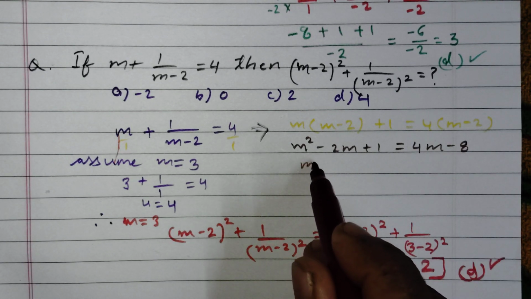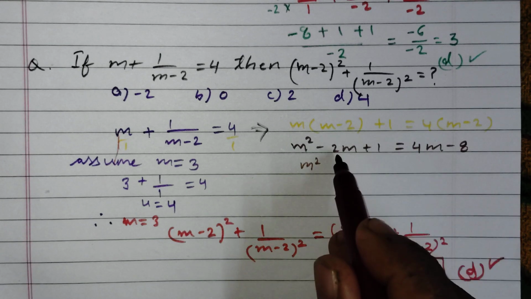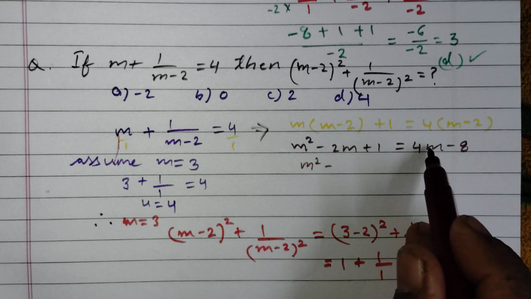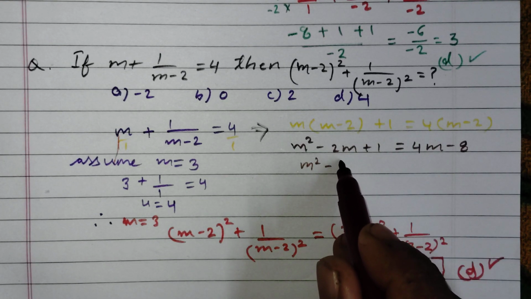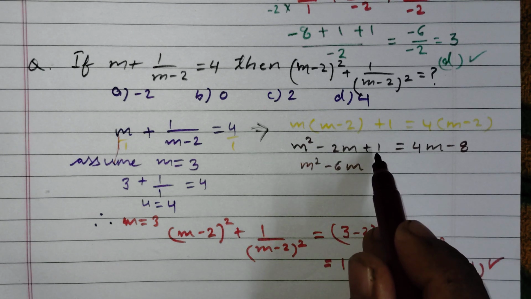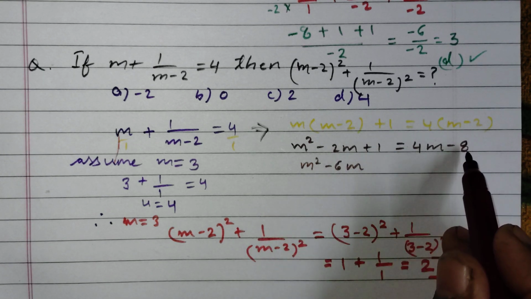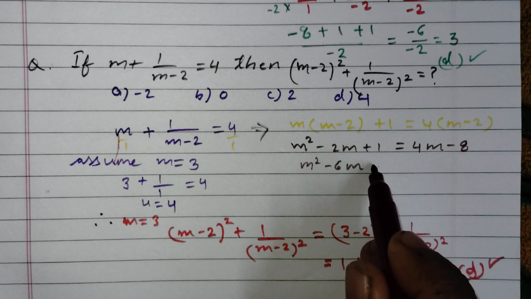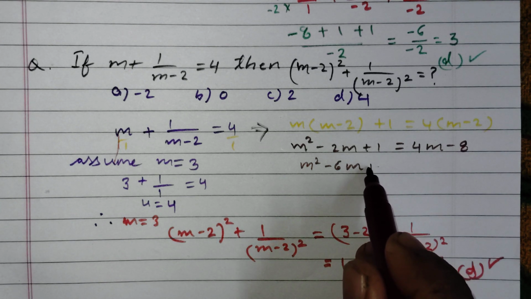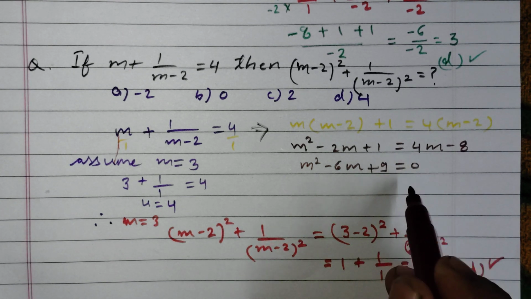So m square, 4m transpose to the other side, then it becomes minus 4 minus 2, it becomes minus 6m, and plus 1. 8 also transposes to the other side, it becomes plus 8. So plus 1 plus 8, plus 9 equal to 0.